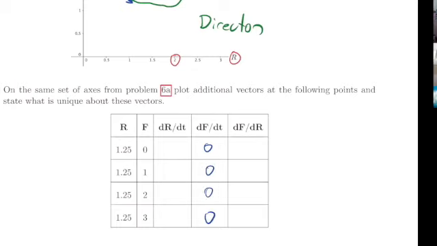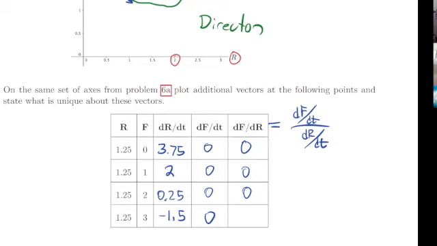And then we can plug these values into the dr/dt, and we get these. And so when we take df/dr, we would get 0 over these non-zero things. So the slopes are all 0 at those points.